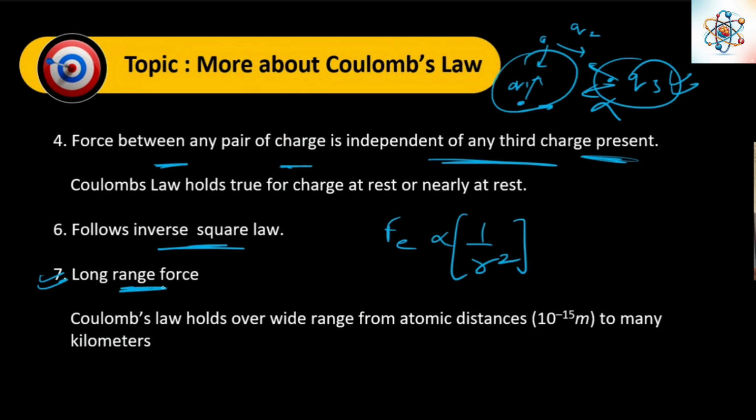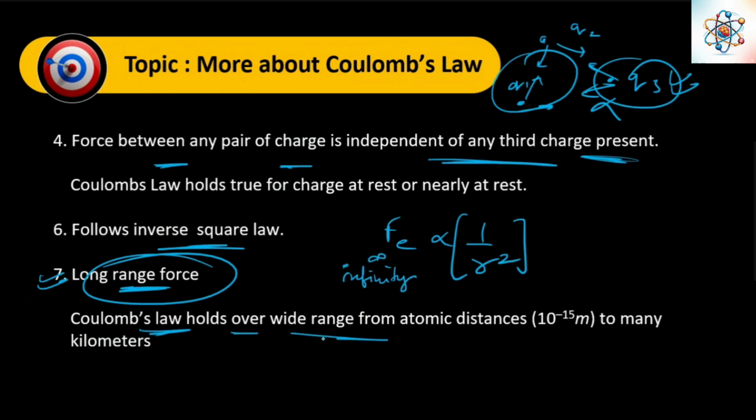Next, it is a long range force. Long range force means it can act almost everywhere, till infinity. Coulomb's law holds over a large range, from atomic distances of 10 to the power minus 15 to many kilometers.